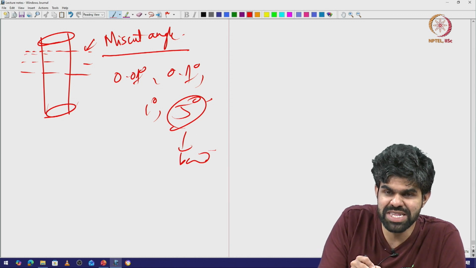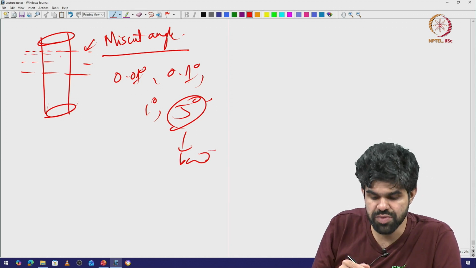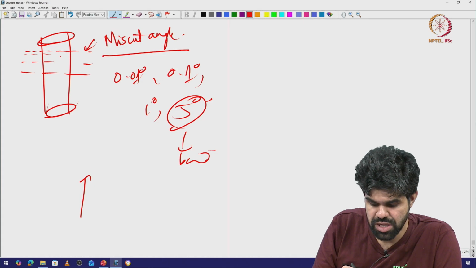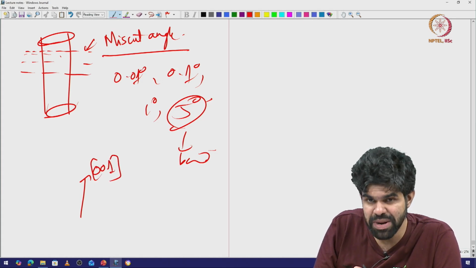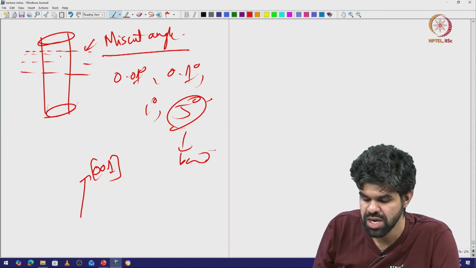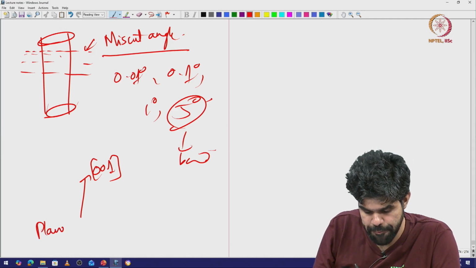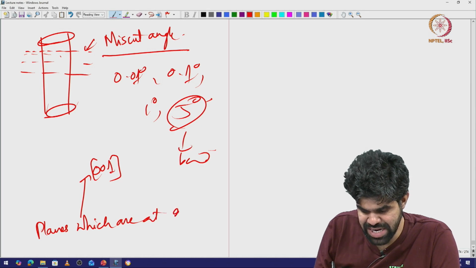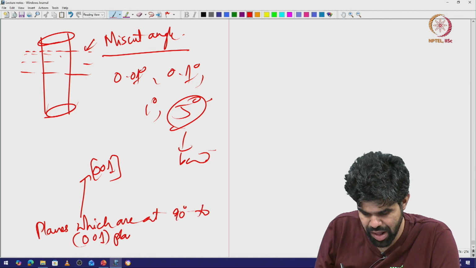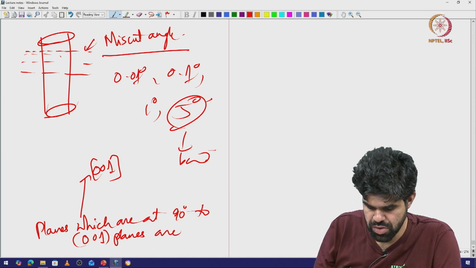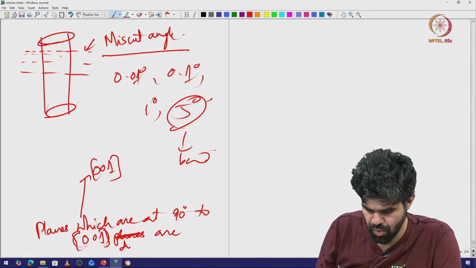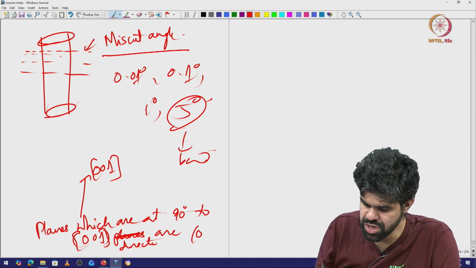Now once I miscut it, and this is my 001 direction, I am asking you the question, what are the planes that are not at 90 degrees? The planes which are at 90 degrees to the 001 direction are 001 planes.